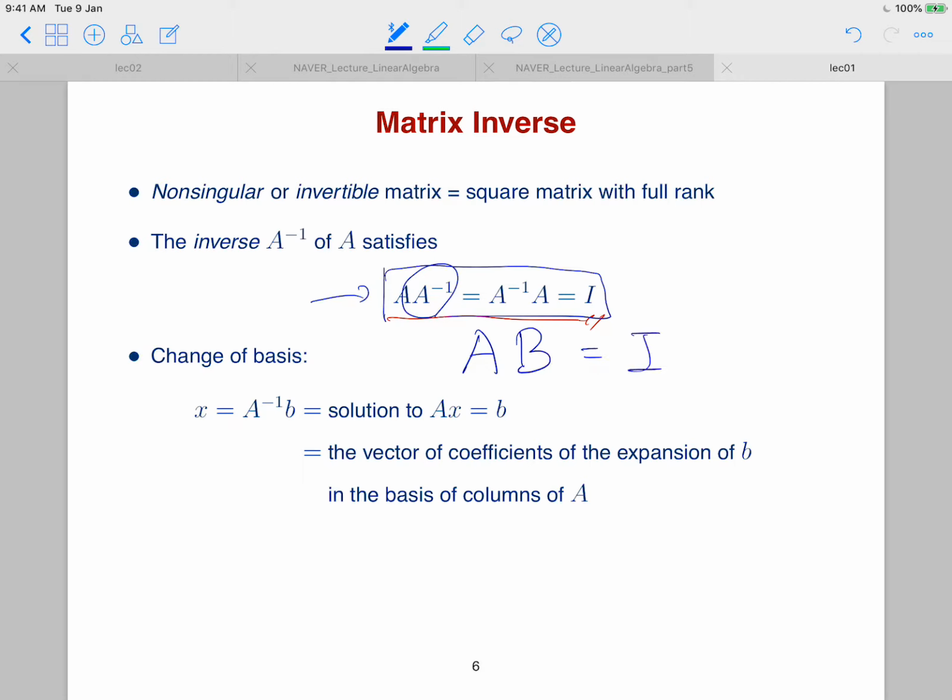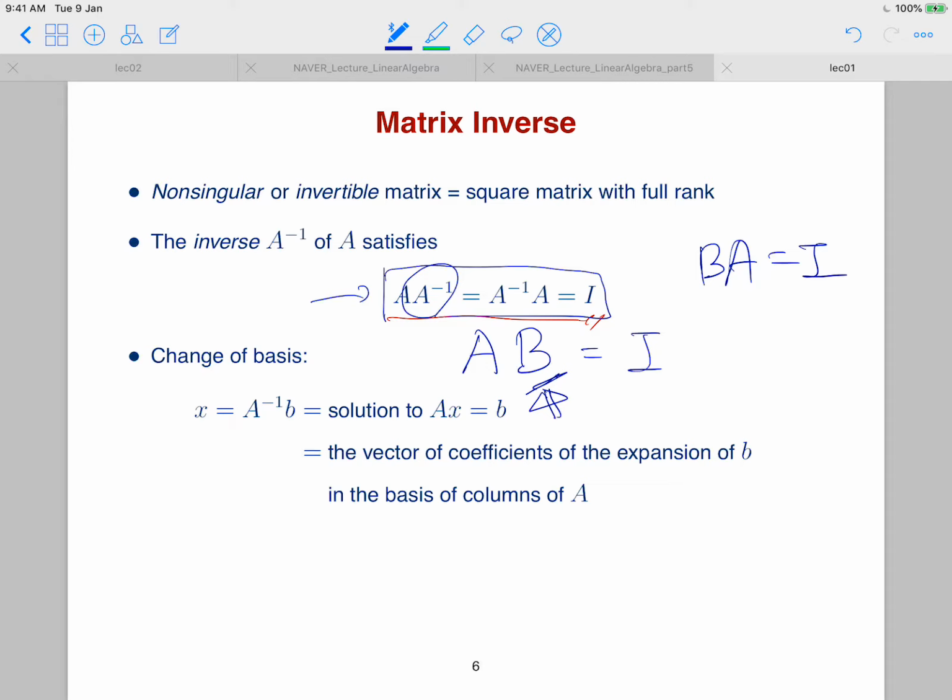So can we find this matrix B that satisfies this A times B equals identity? Or can we find this?